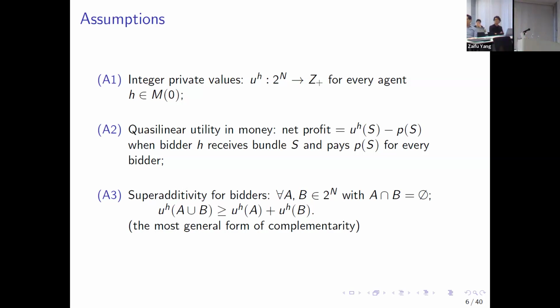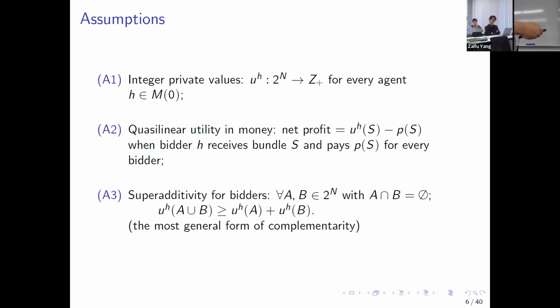Okay, so then we have the third assumption. It's about super additivity, actually this is for all agents, not necessarily just bidders, but for all agents, including the seller and the bidders.